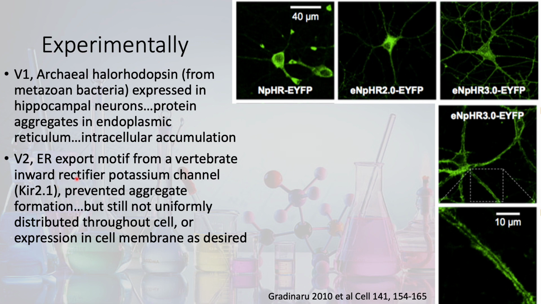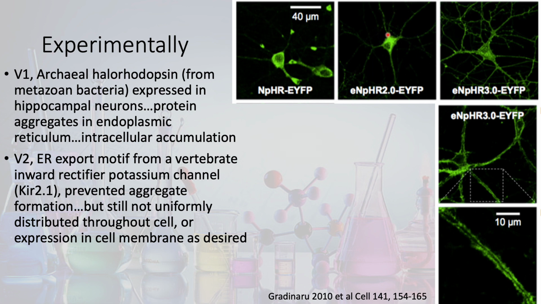By combining or mishmashing these two proteins, we've now prevented aggregate formation in the endoplasmic reticulum, but we're still not getting uniform distribution throughout the cell or expression in the cell membrane, as we need to, right?